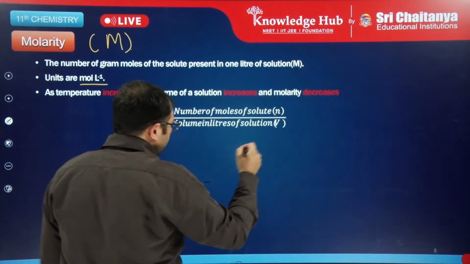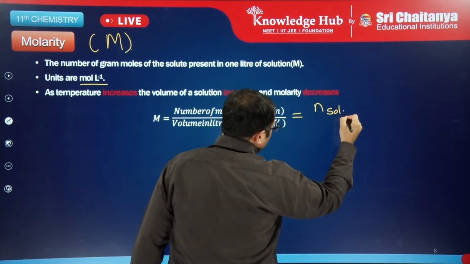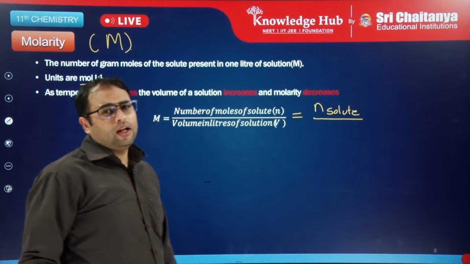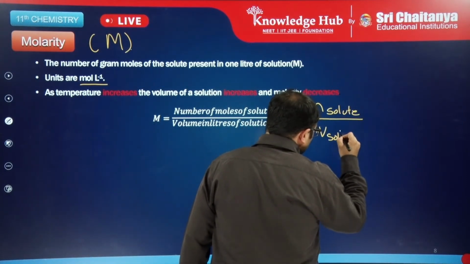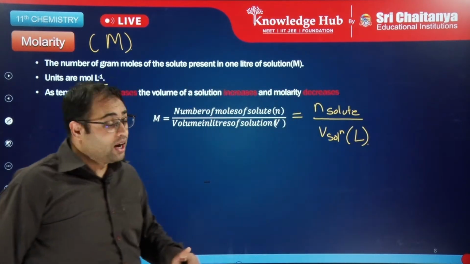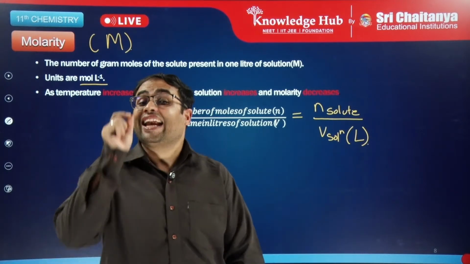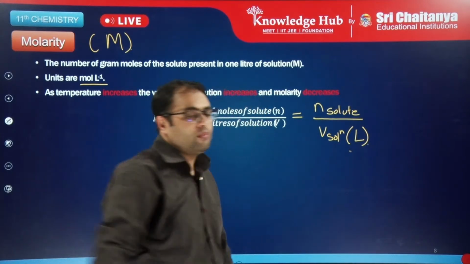What is molarity? The way I like to write it: number of moles of solute divided by volume of solution in liters. Remember, the volume of the complete solution, and in liters. This is important.